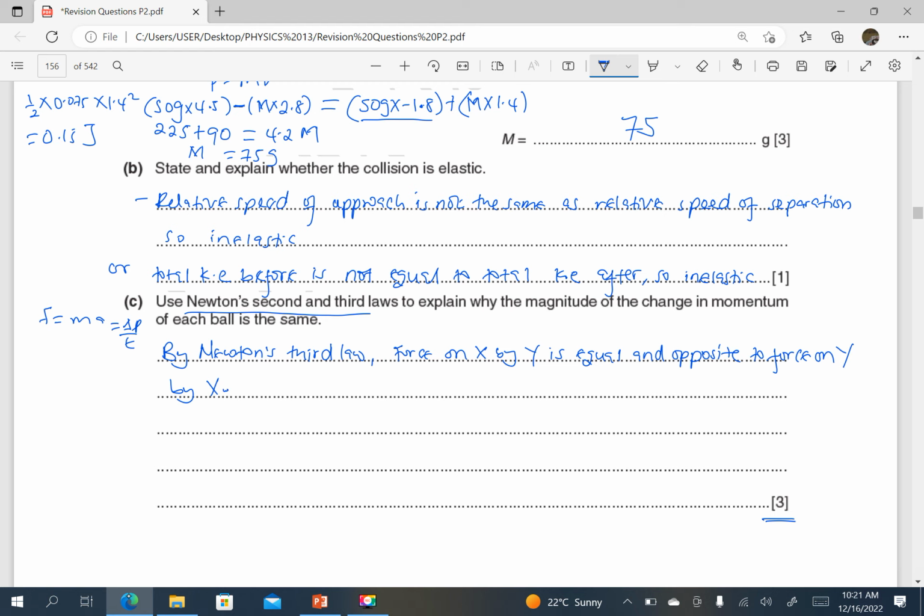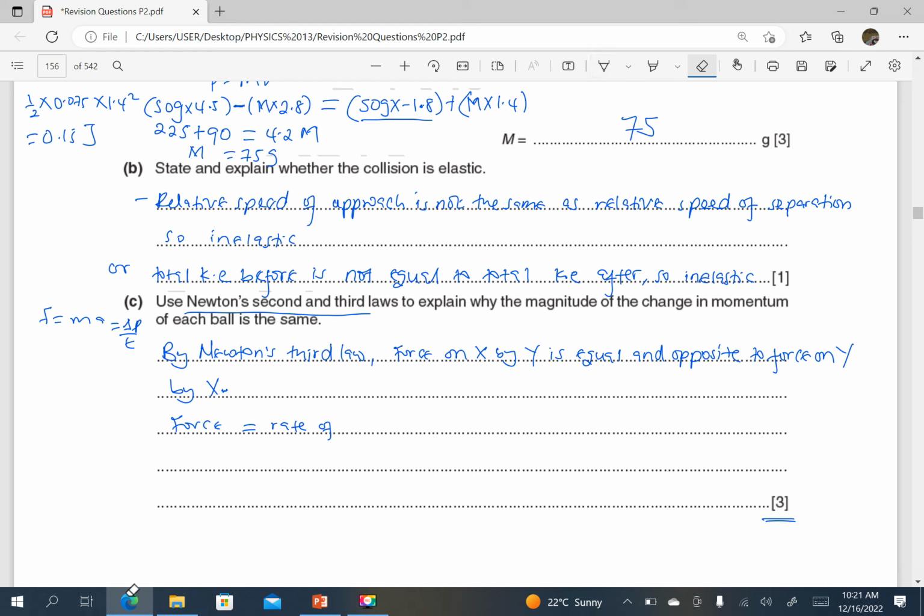But remember, force equals the rate of change of momentum. That is by Newton's second law.